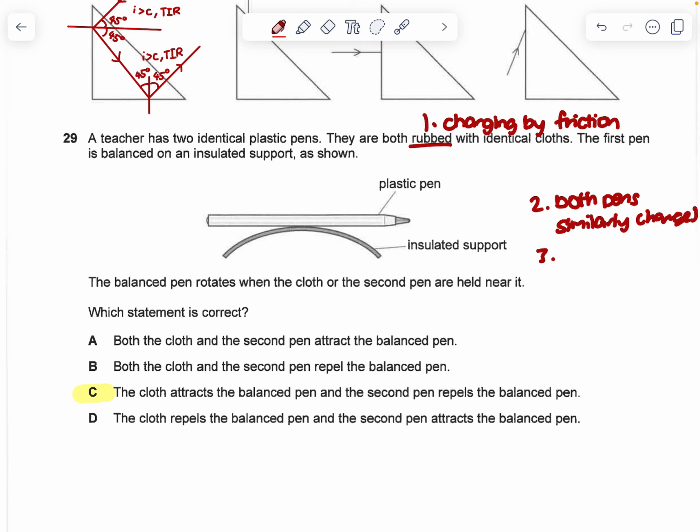The third fact is that the pen and the cloth, since electrons are being ripped off, must be differently charged. So the pen and the cloth are oppositely charged. So the cloth should attract the pen, and the pen should repel the pen.